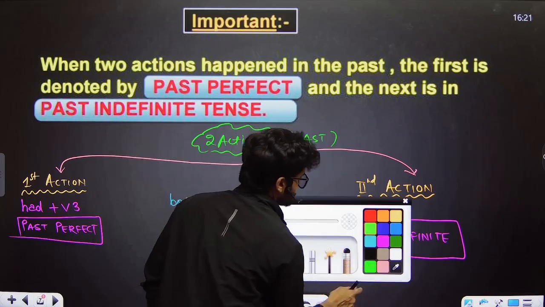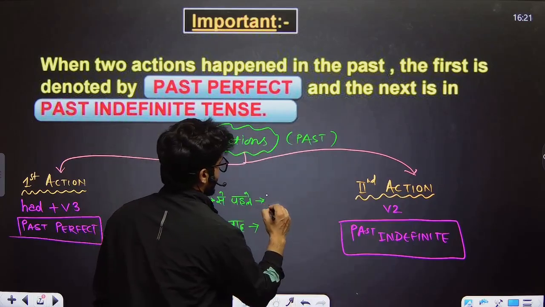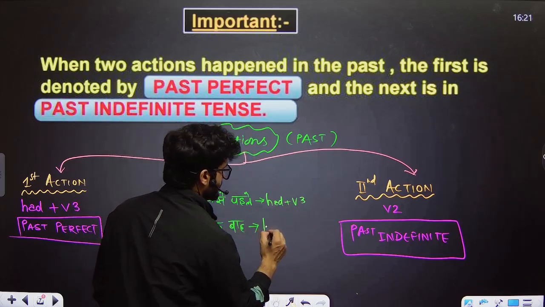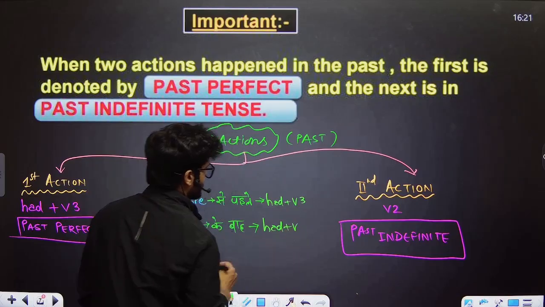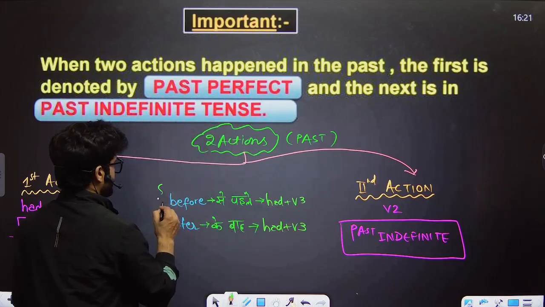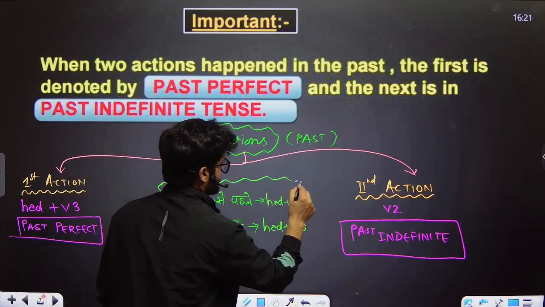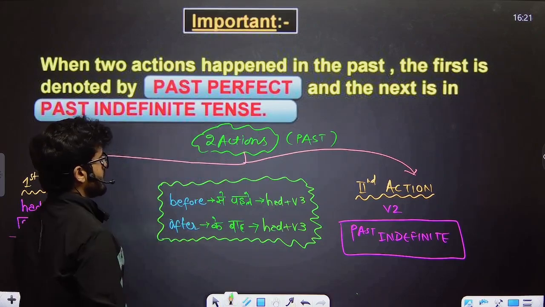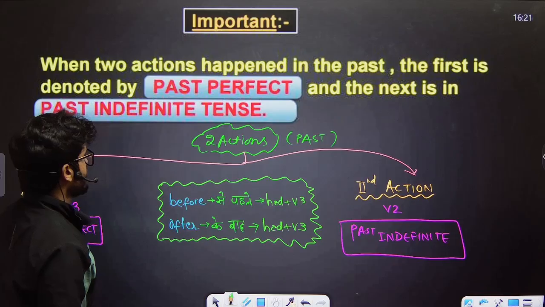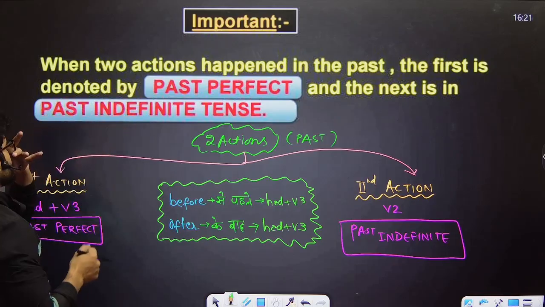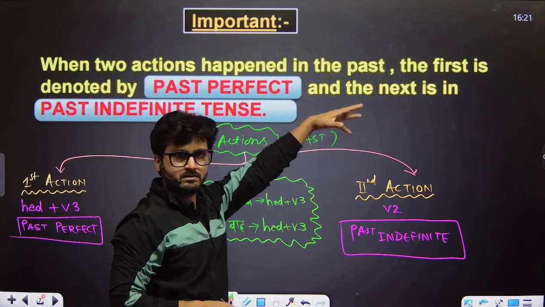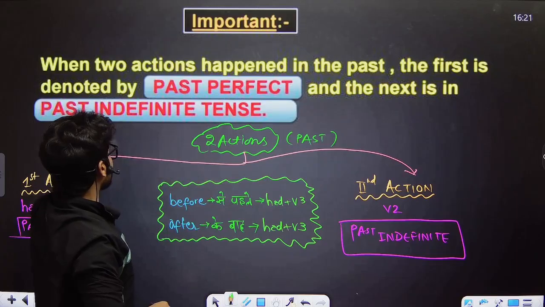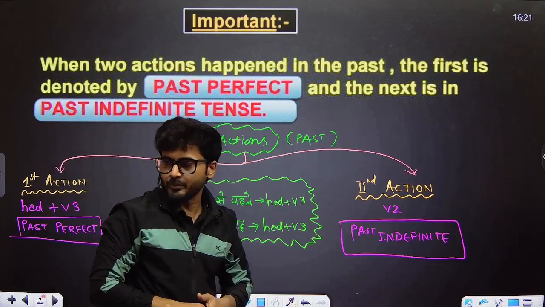Before से पहले you are going to use had plus verb 3, and after के बाद you are also going to use had plus verb 3. Keep it in your mind, mark it as important and do remember it. Got it? So this is the scenario. When two actions happened in the past, the first one will be your past perfect and the next one will be your past indefinite tense. Hope you understood this part.